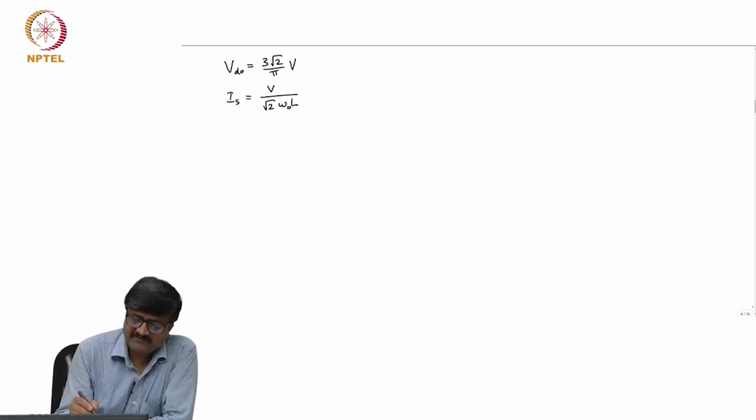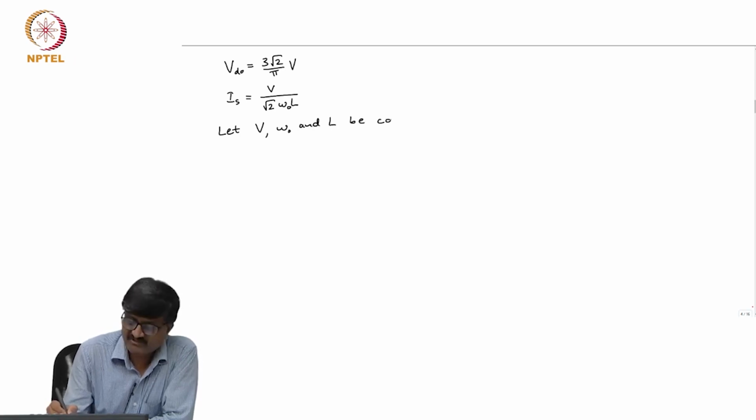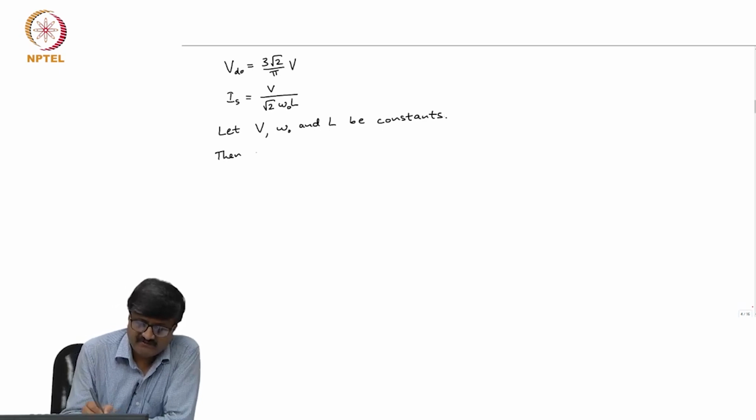So if I assume V, omega O and L to be constants, it actually means VDO and IS are constants.